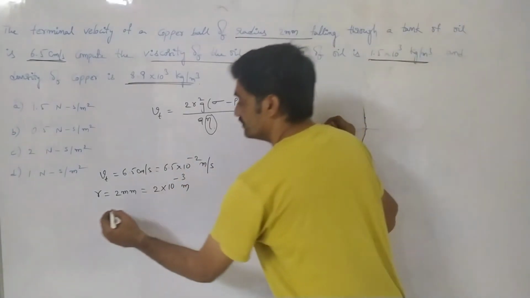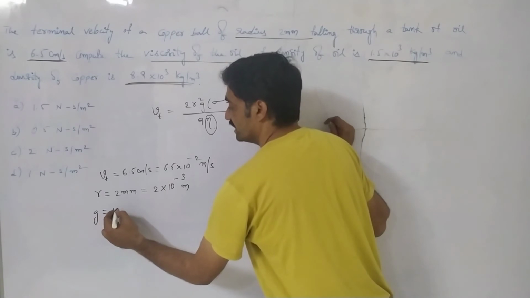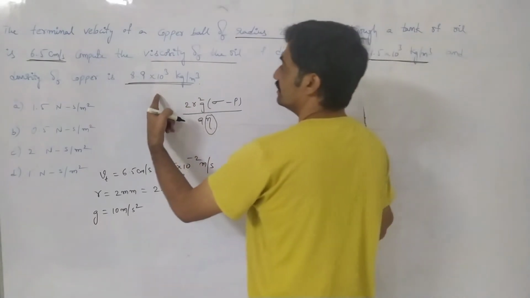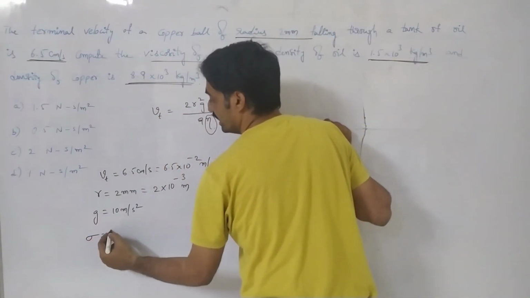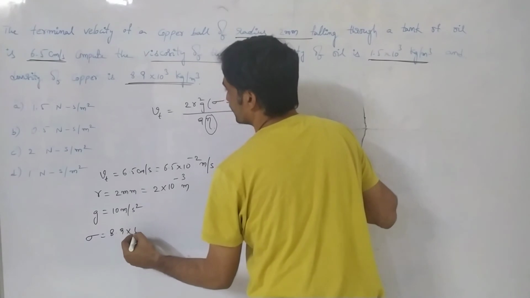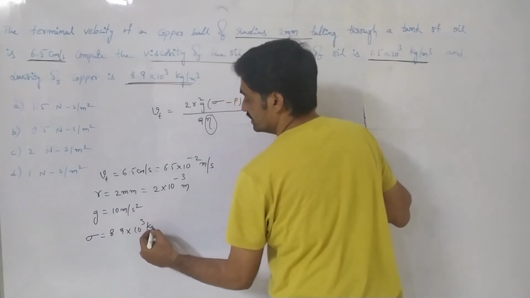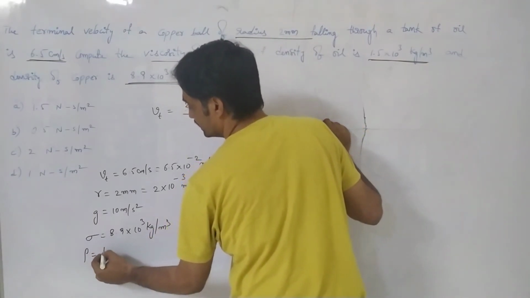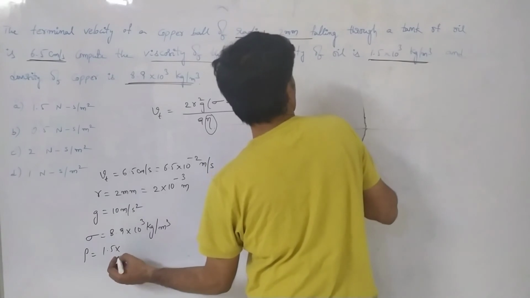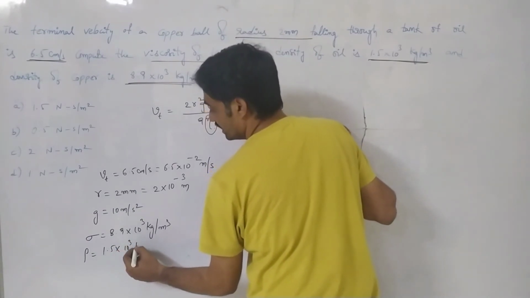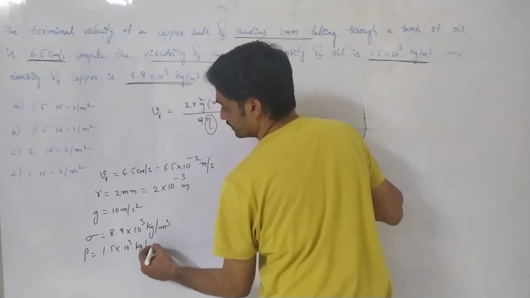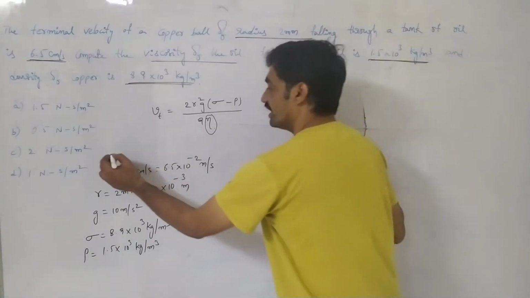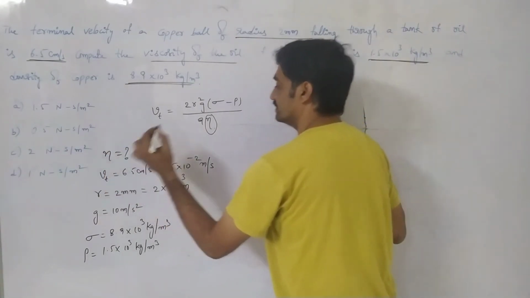And observe that the value of g is considered as 10 meter per second squared, as well as the density of copper is 8.9 into 10³ kg per meter cube, and the density of the liquid is 1.5 into 10³ kg per meter cube. So we have all the values. Now we have to find the coefficient of viscosity.